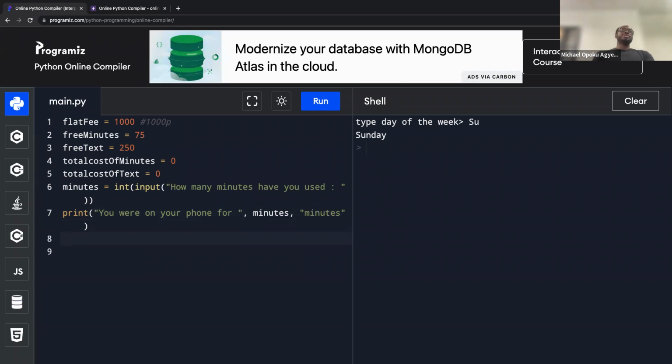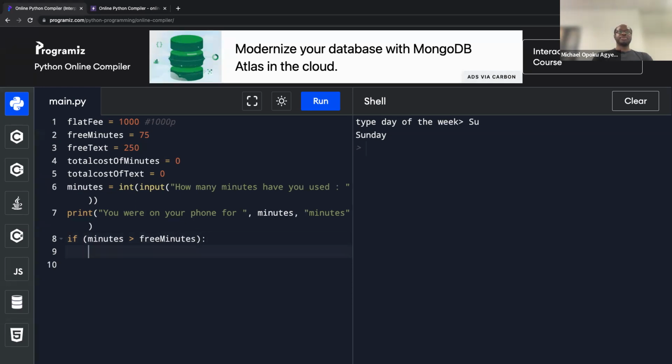So I want to do some working with it, right? So I just really want to say that if the minutes they have used is greater than the 3 minutes, then I do a calculation on the total minutes.